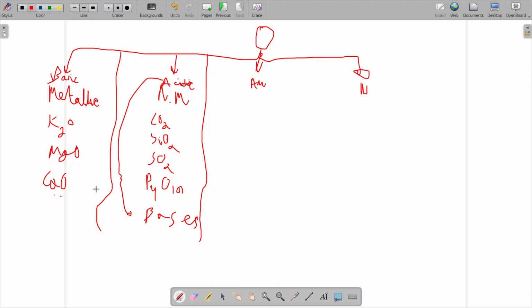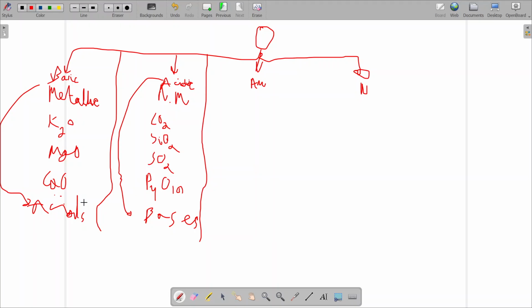And the basic oxides, or the metallic oxides, they react with acids. And these tend to produce either the metallic oxide plus the acid will give you a salt. Okay, just keep that in mind.